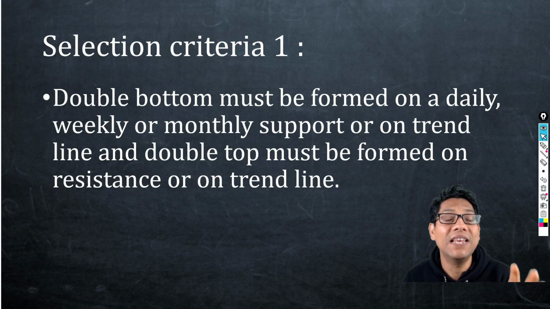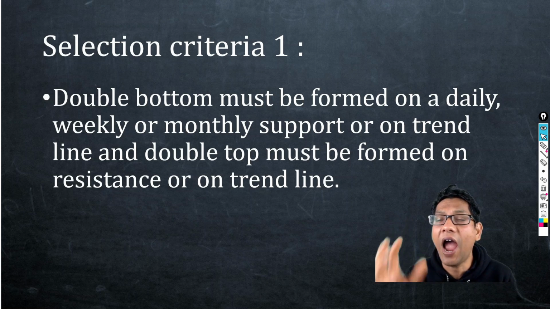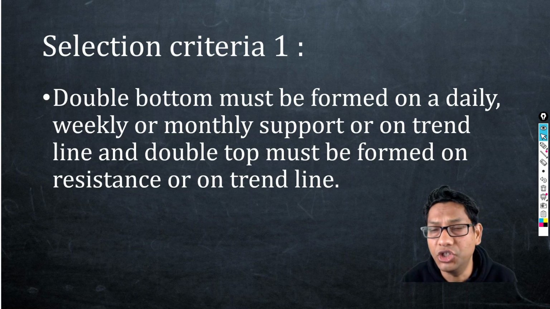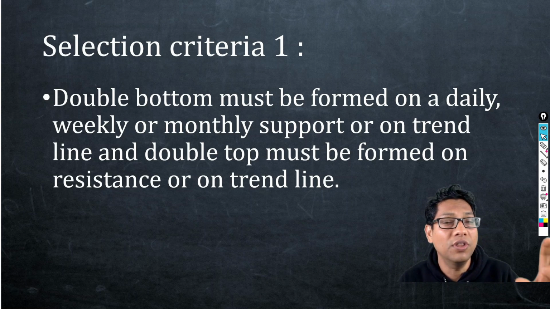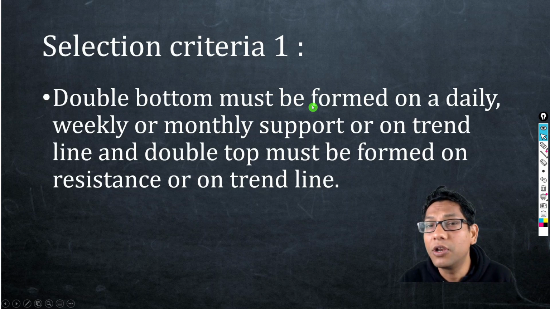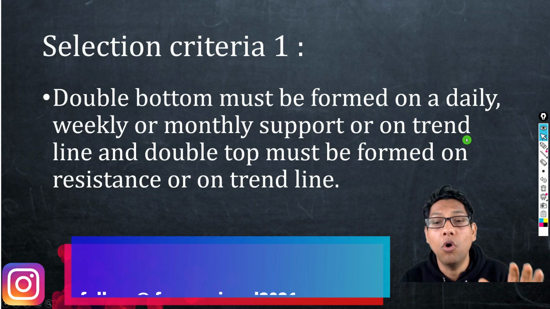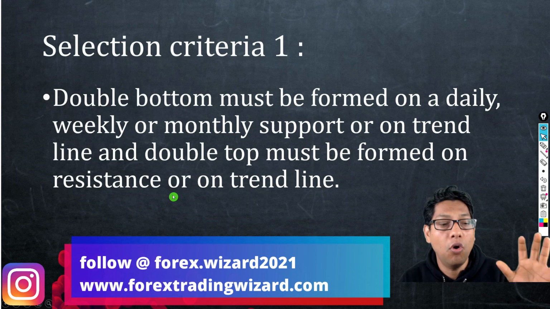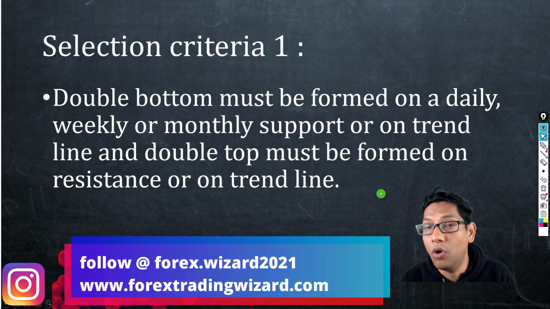If you apply this selection criteria, you will find high probability double bottom and double top setups that will give you a really big edge over the market. So the first criteria that you need to consider is that a double bottom must be formed on a daily, weekly or monthly support or on a trend line, and a double top must be formed on a resistance or on a trend line.